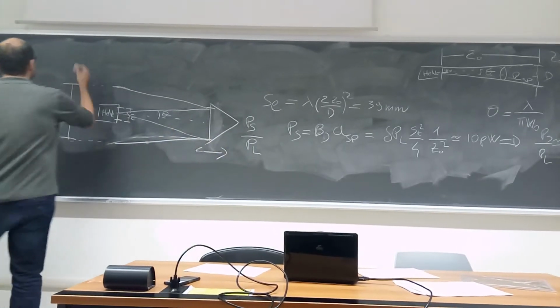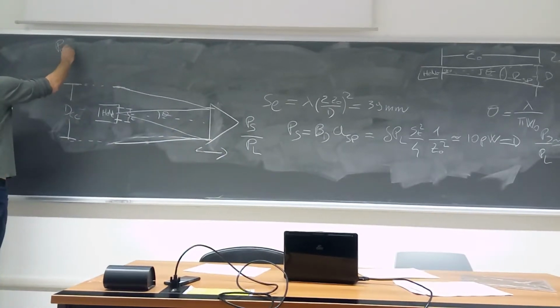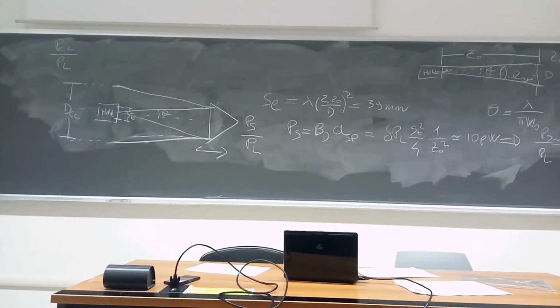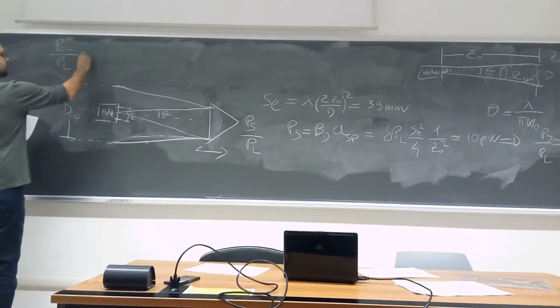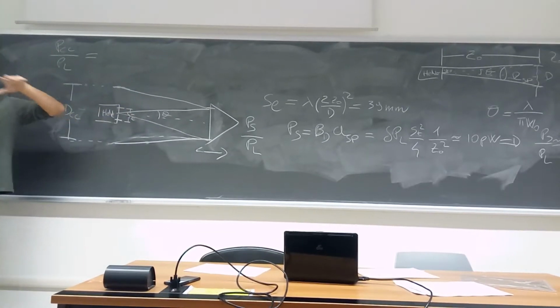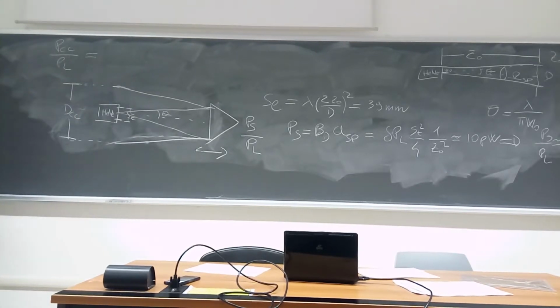Then the question is, now what is the new ratio, since now we are using a corner cube? This is easier, you have already seen this when you evaluated the power budget of a telemeter with the cooperative target.